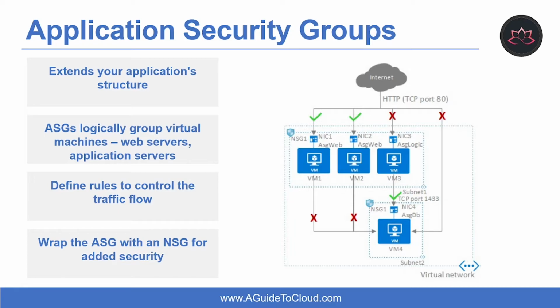The platform manages the complexity of explicit IP addresses and multiple rule sets, allowing you to focus on your business logic. You can specify one ASG as the source and destination in a security rule. You cannot specify multiple ASGs in the source or destination.